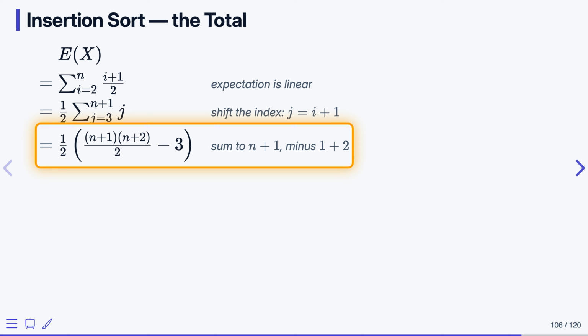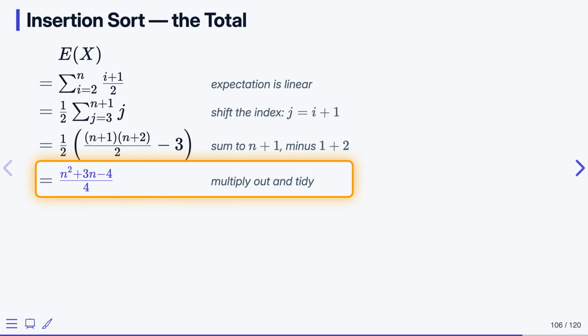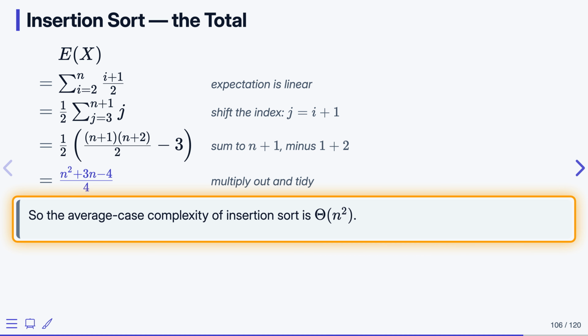We only want from 3, so subtract 1 and 2, that is 3. Multiply out and tidy. The result is (n squared plus 3n minus 4) over 4. The leading term is n squared over 4. So the average case complexity of insertion sort is big theta of n squared.